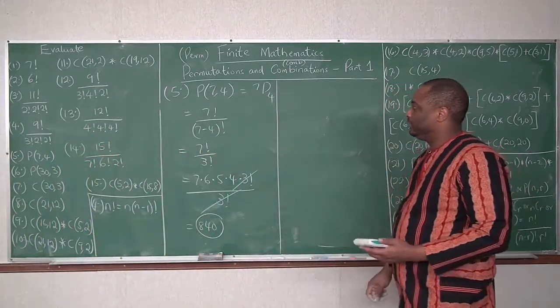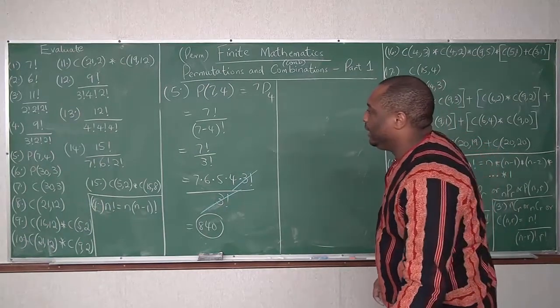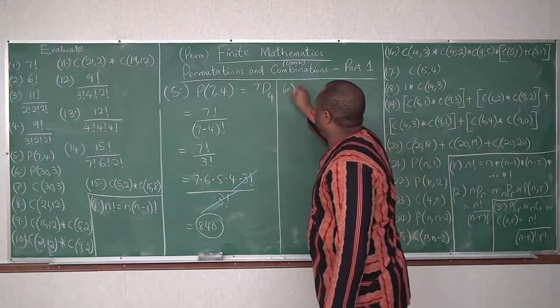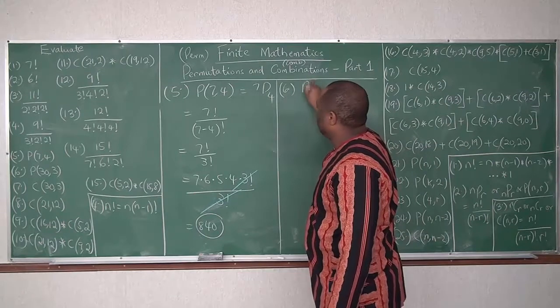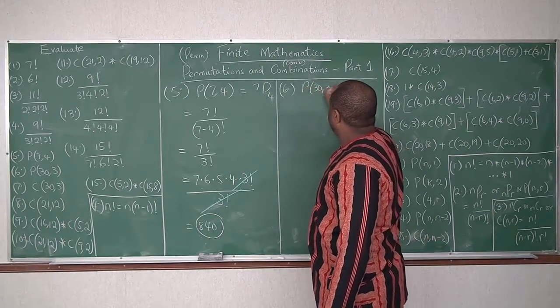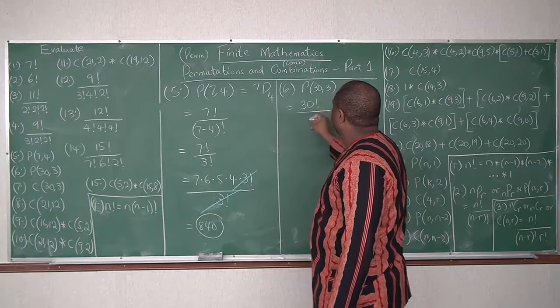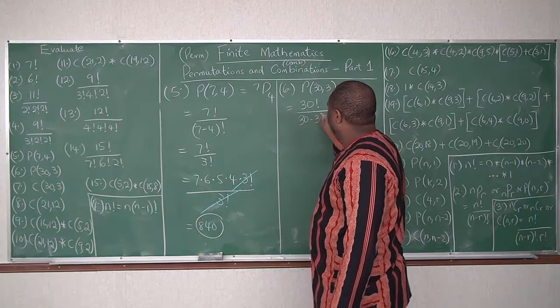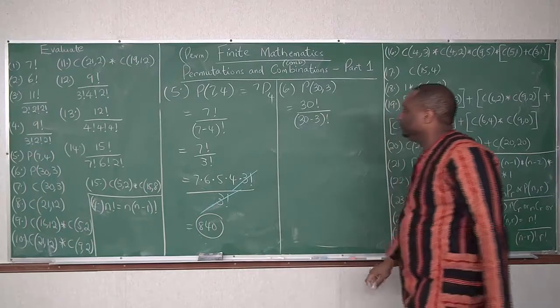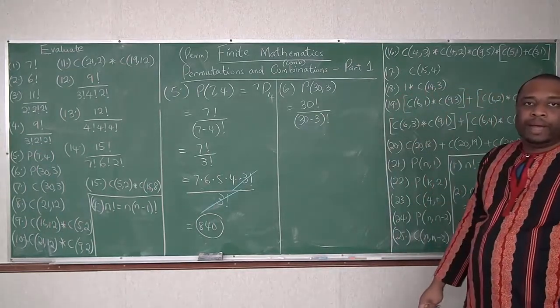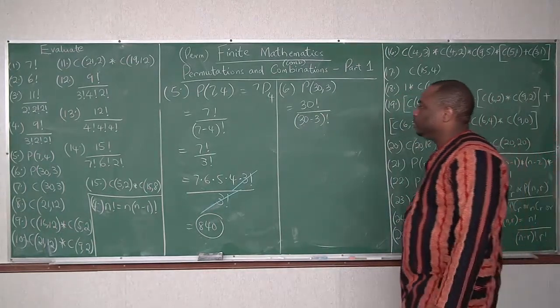Okay? 7 P 4. The next one, question 6, is 30 P 3. 30 P 3 is what? 30 factorial over 30 minus 3 factorial, right? So what do we have now?